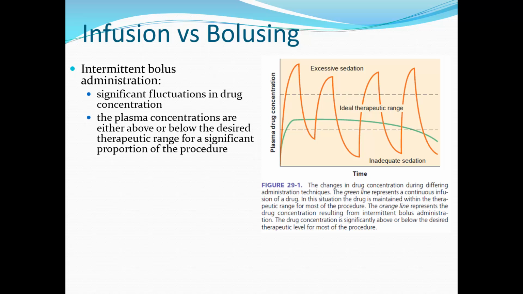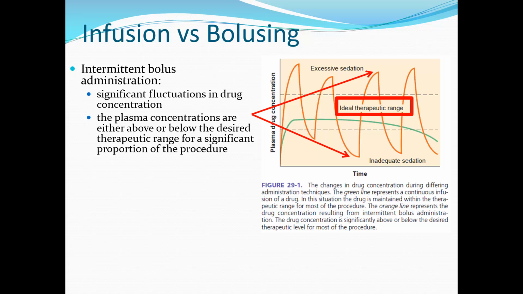When you give intermittent boluses, there are significant fluctuations in drug concentration. You can see how often we are in the excessive sedation range or in inadequate sedation. The plasma concentrations are either above or below where you want to be, so don't give intermittent boluses when you have access to a pump.